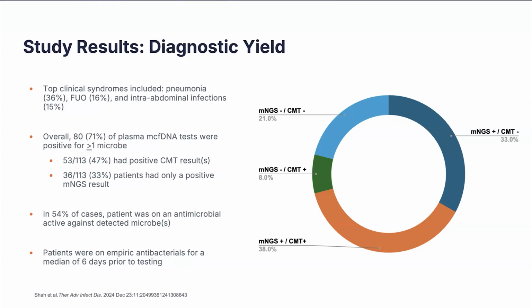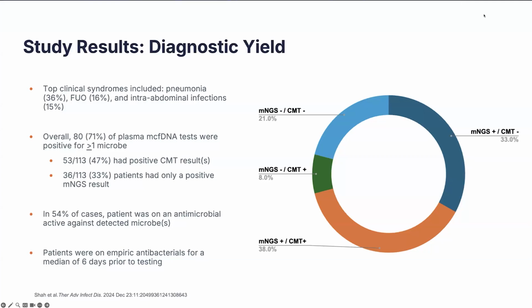So the first part of the ring that I want you to focus on is the orange section, where both your conventional testing and your Karius test are positive. And this is the area that gives us confidence, especially in this study timeframe, that what Karius was detecting was not just DNA of irrelevant organisms, but in fact what CMT is also finding. And that was 40% of the patients.